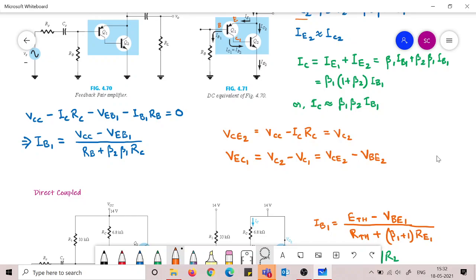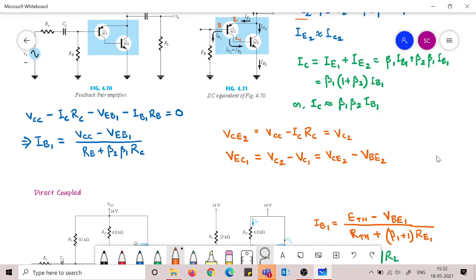You just need to spend some time observing the circuit. Whenever you are given a circuit, don't just rush into solving it, but spend 30 seconds to 1 minute to see the circuit closely and carefully.